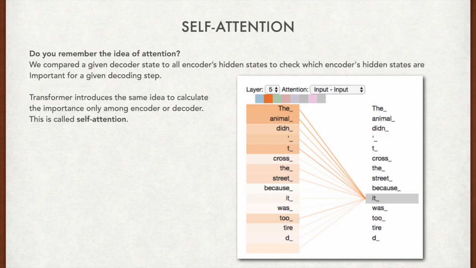We try to express the meaning of a given token, for example the word it, using the meanings of each token in the same sequence, and trying to identify those tokens that are more important to understand the meaning of a given word.